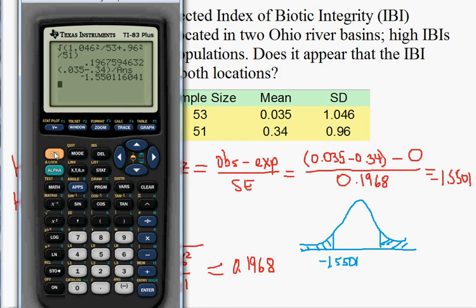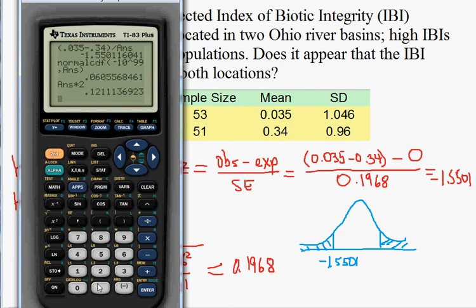Okay, so to do that, we use on the calculator the normal CDF command. And I'll take the area from negative infinity, negative 10 to the 99, to the answer that we just got. Now, if I were to hit enter, that would be the area in the left tail. I want the area in both tails, so I need to take that number and multiply it by 2.